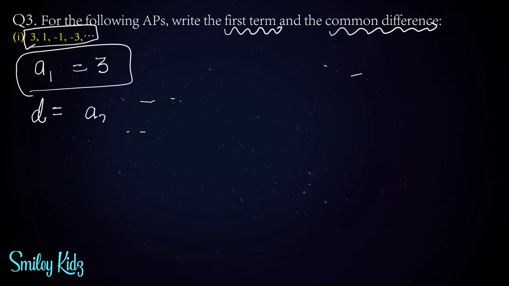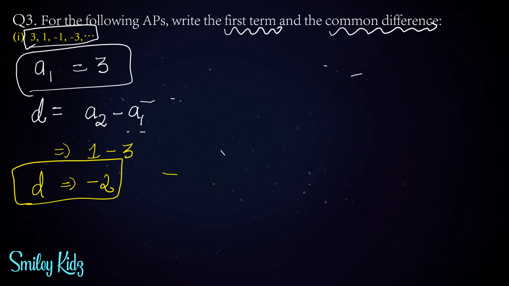D is equal to A2 minus A1, isn't it? The second term minus the first term will give you the common difference. This in turn will give you 1 minus 3, which is going to give you minus 2. So what is the common difference? The common difference is minus 2. And what is the first term? The first term is 3.